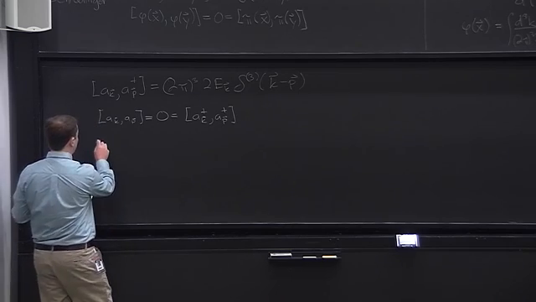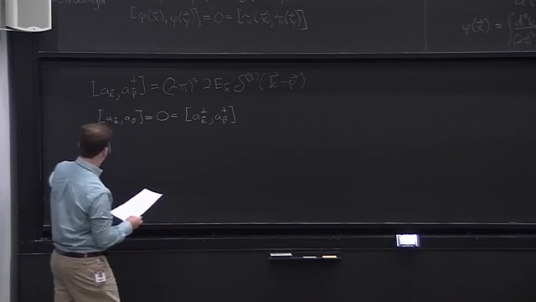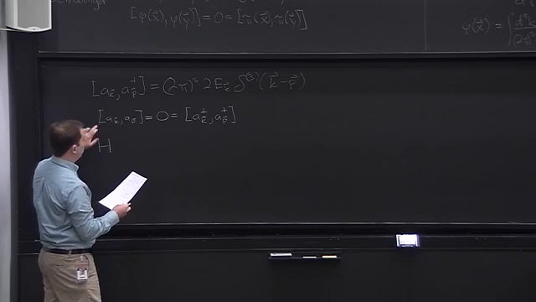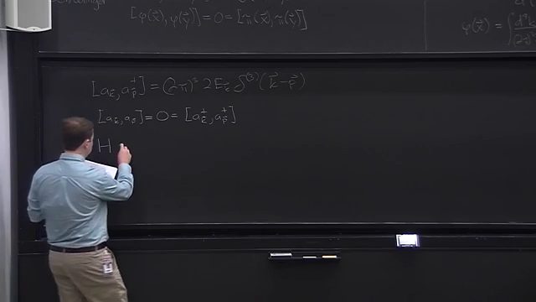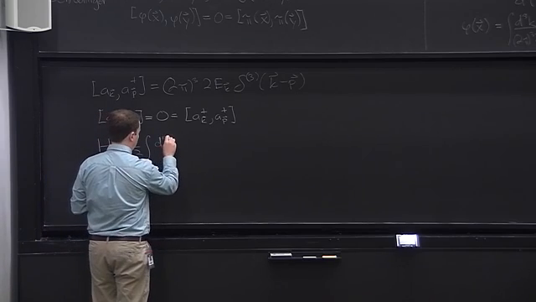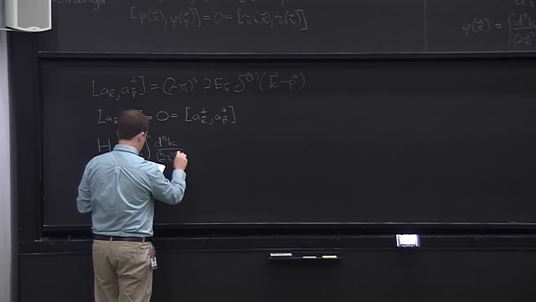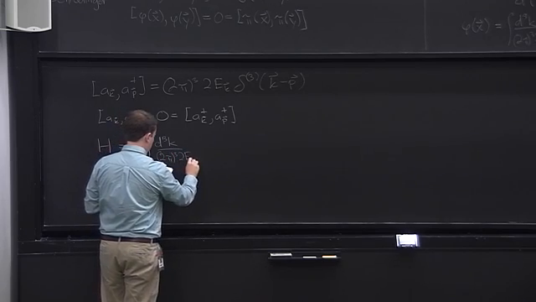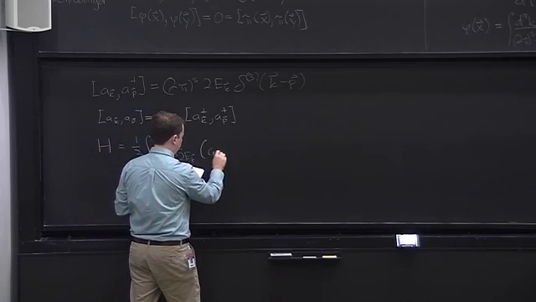And if you then just use those relations, you can show that the quantum Hamiltonian can be written in terms of these creation and annihilation operators, like this. And this is, again, a result you'll derive in tutorial this afternoon.